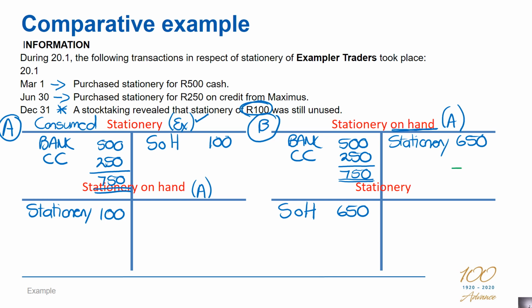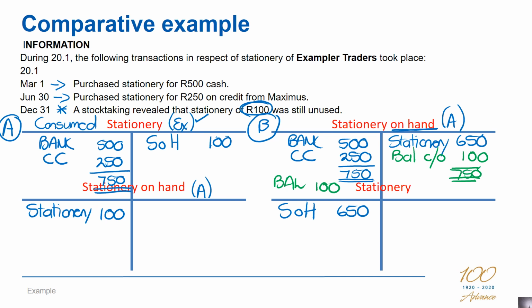If I balance my asset account on this side, I will have a balance carried over of 100 Rand and the balance brought down of 100 Rand.